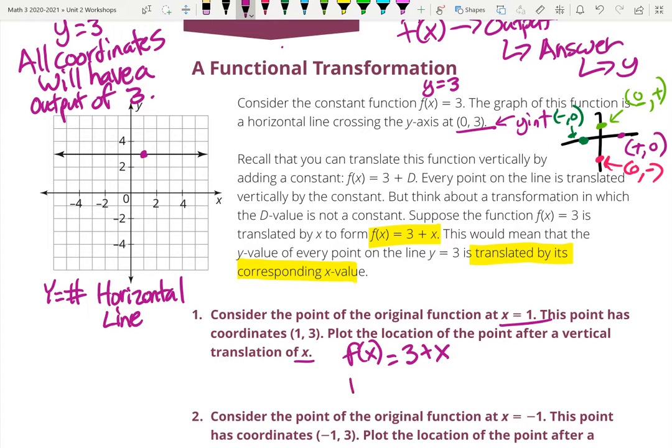Well, what did I say x was? Well, x is 1. When x is 1, the output is 4. So after this translation, this point is going to go ahead and go to 1, 4. So this point is going to move there.